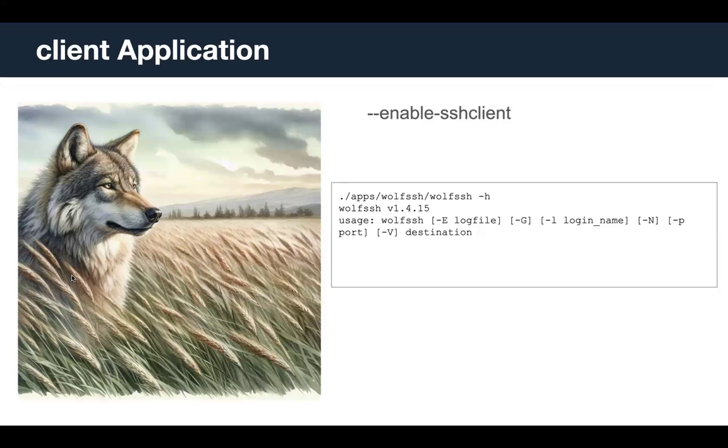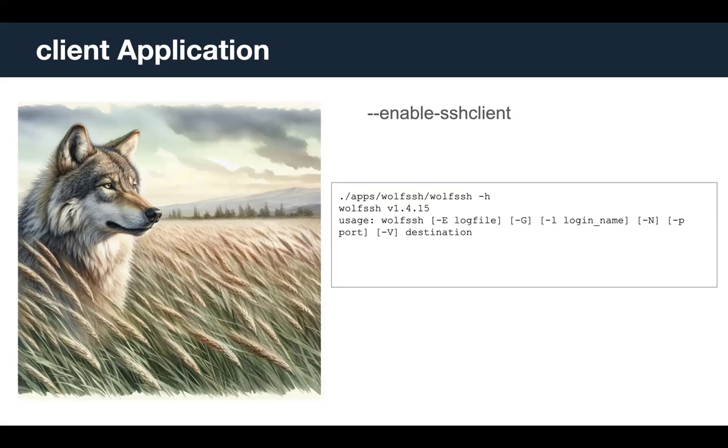And the other application that we have is the client application. To compile wolfSSH with the client application, it's built with --enable-sshclient, and that's also located in that apps directory. It has a nice -h option for displaying the help, and it's set up to handle the same type of syntax as what OpenSSH's client does.